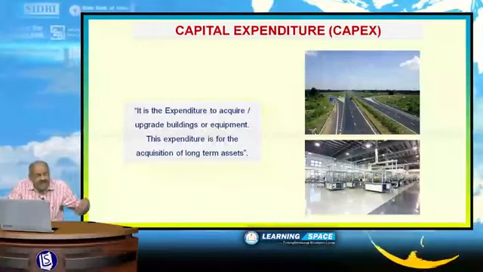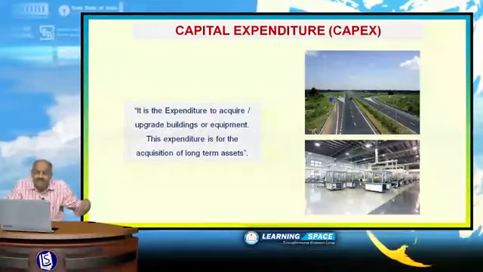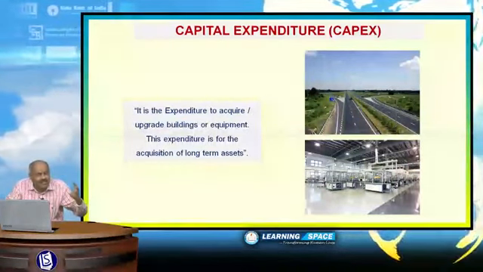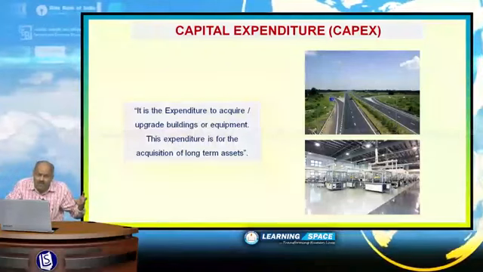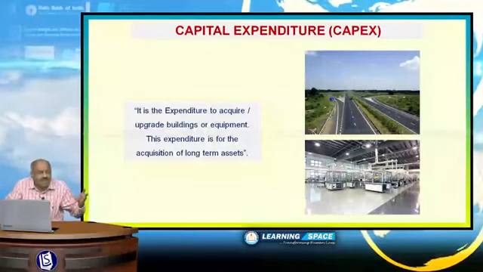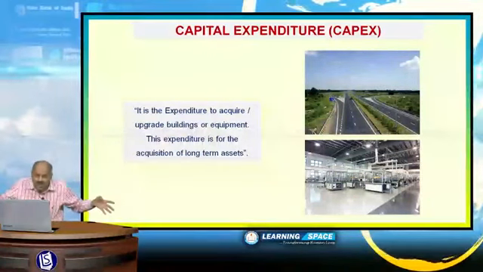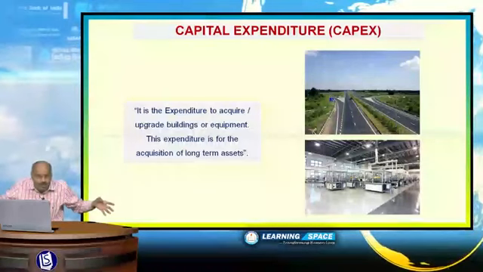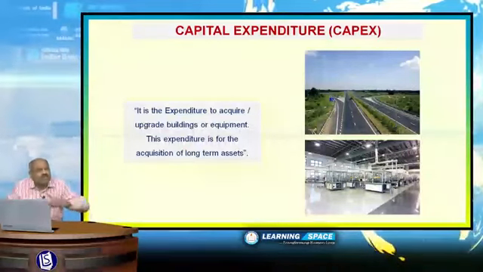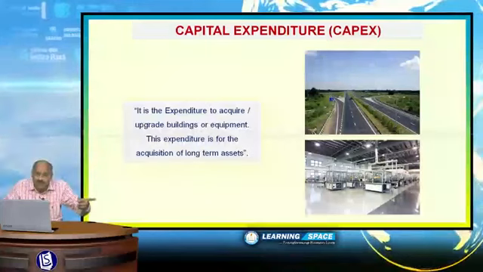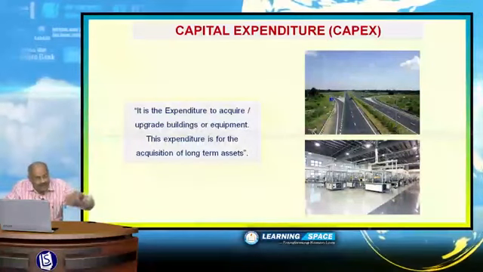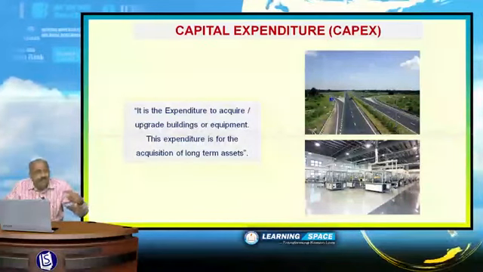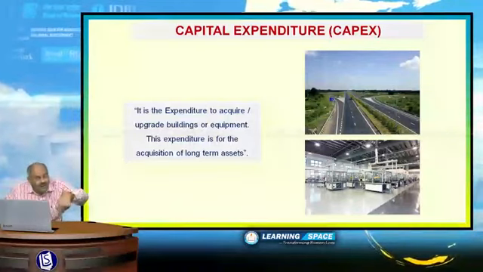At the government level, if the government is constructing new national highways, new airports, coming up with new logistic parks, new shipyards, all this expenditure is capital expenditure. And please don't forget, upgradation is also called capital expenditure.